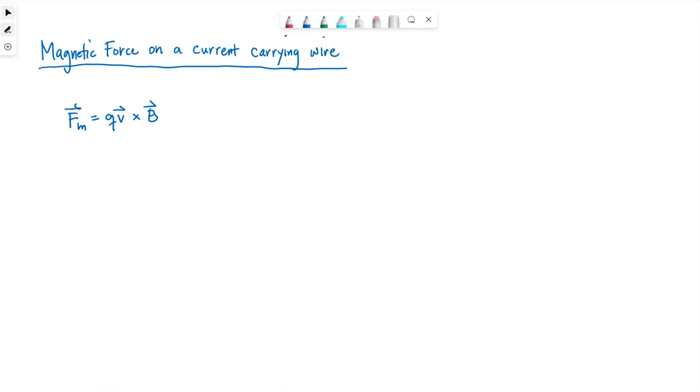Due to the cross product in our equation, we know v and B must be perpendicular, or at least have some components that are perpendicular.